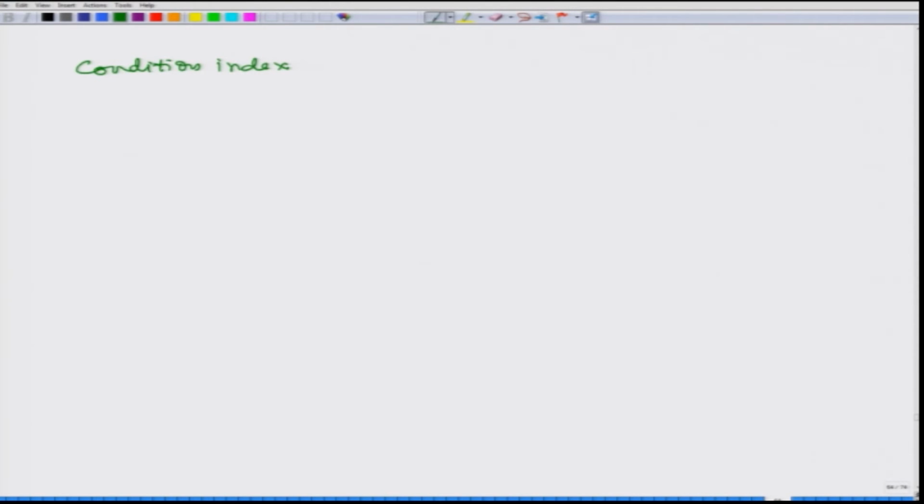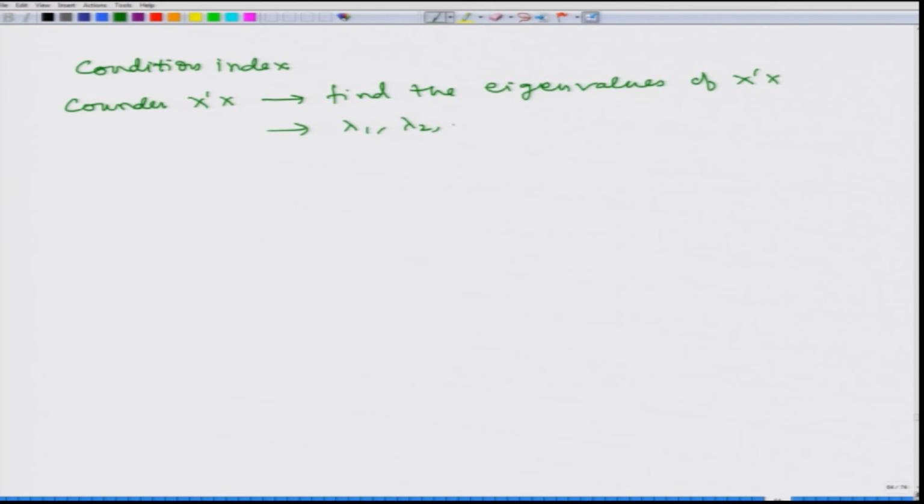In order to find the condition index, we consider the matrix X transpose X, and then we find the eigenvalues of X transpose X. Suppose these eigenvalues or characteristic roots turn out to be lambda 1, lambda 2, up to lambda k.